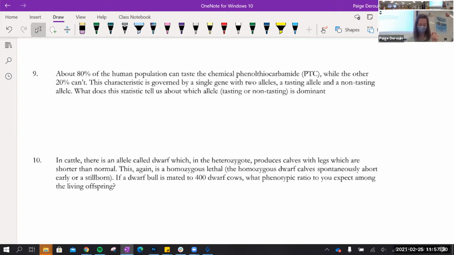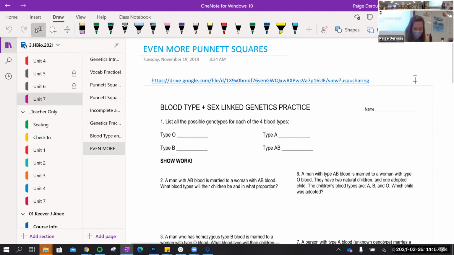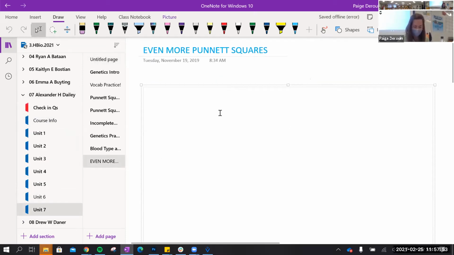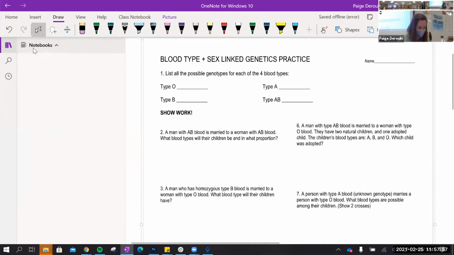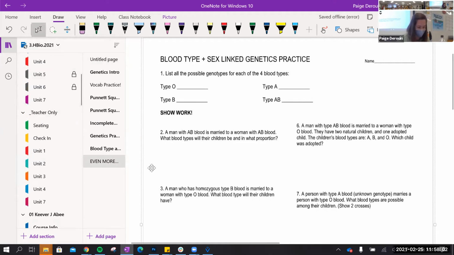Yeah. Alex. My Punnett squares thing is not showing up. I don't know why that keeps happening. I'm gonna send it to you again. It's there, but you can't see the questions. It's been happening randomly to just 1 or 2 people. It's like it doesn't distribute all the way or something.